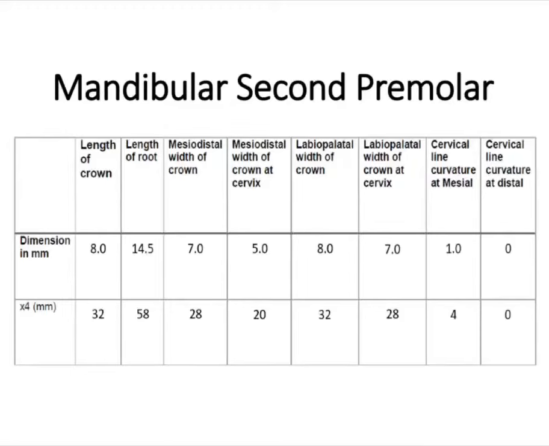This week, we will draw the mandibular second premolar. You have the drawing and the dimensions from your textbook, seen in millimeters and multiplied by 4 in the table, for all of the length of the crown and the root, mesiodistally and labiolingually, since it's a lower premolar.